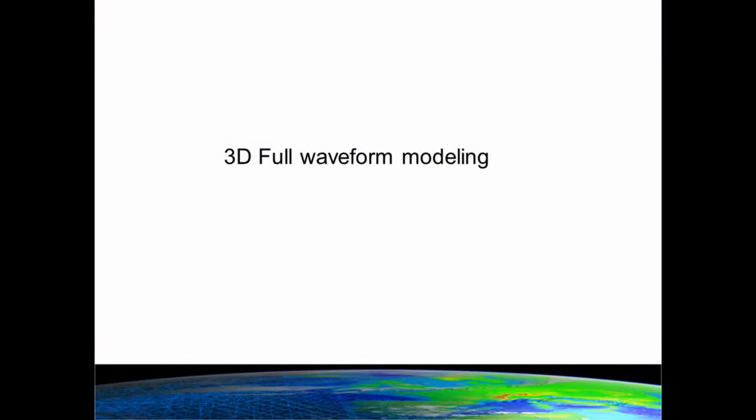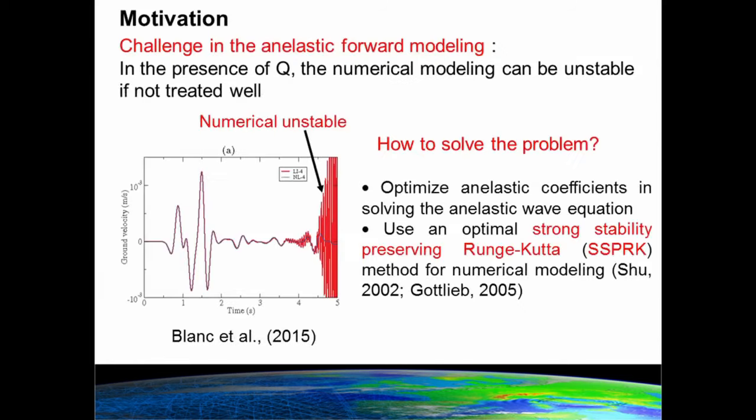In the first part, I will talk about a newly developed method for 3D full waveform modeling. In the presence of Q, the numerical modeling can be unstable if it is not well treated. For example, the instability problem arises in the forward modeling when some of the anelastic coefficients are negative in the viscoelastic system.